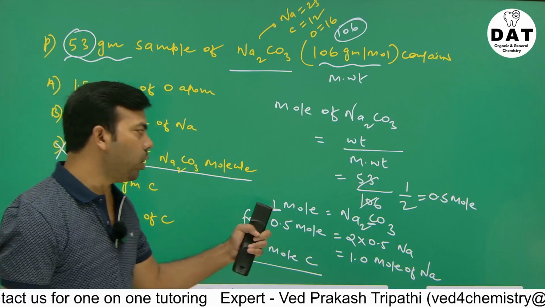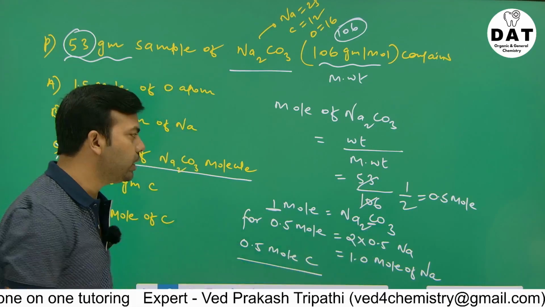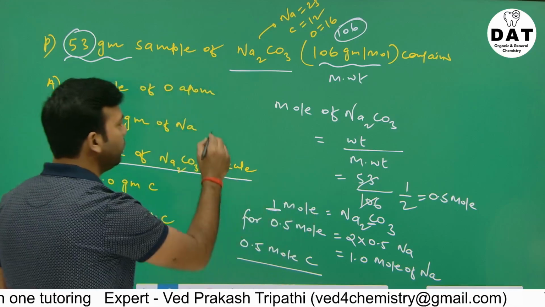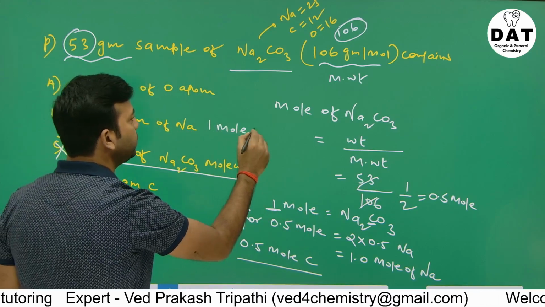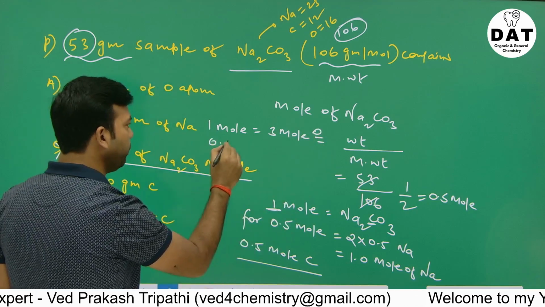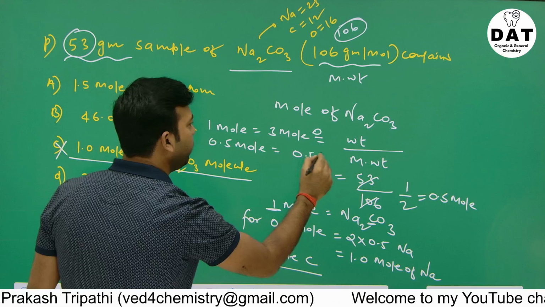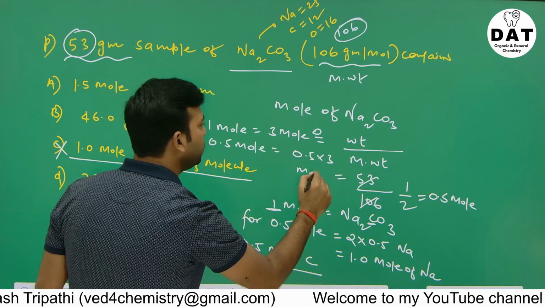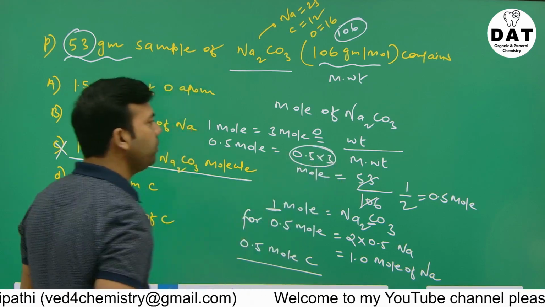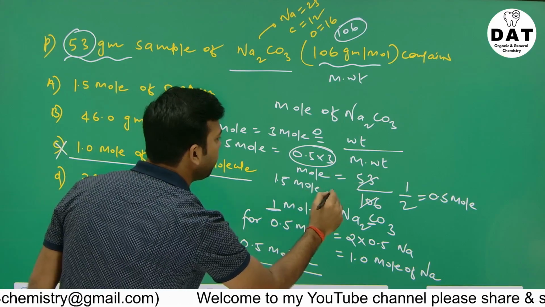So 1 mole has 3 mole oxygen. So how many mole of oxygen in 0.5? Just multiply. 0.5 into 3, so it will be 1.5 mole oxygen. Clear?